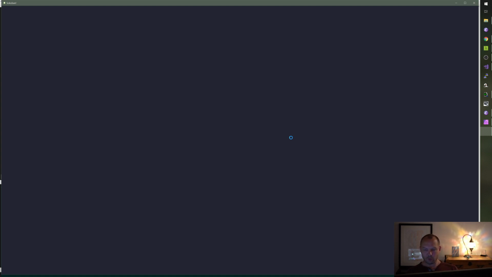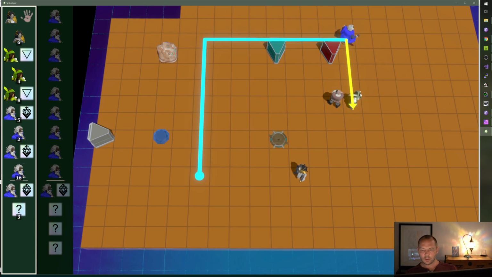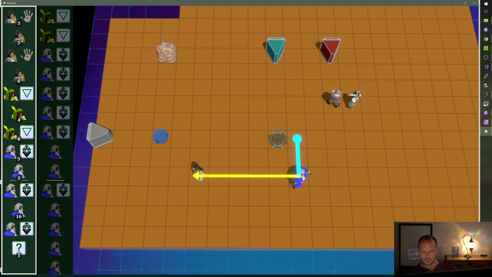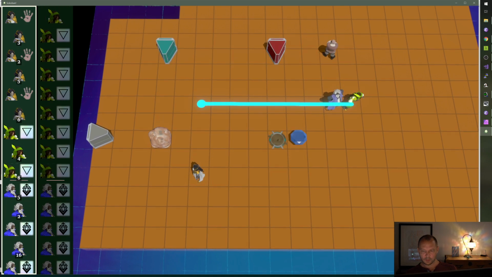Yeah, I was just using the circle as a placeholder. That's all we were doing. Look at that. That's a little big, maybe.